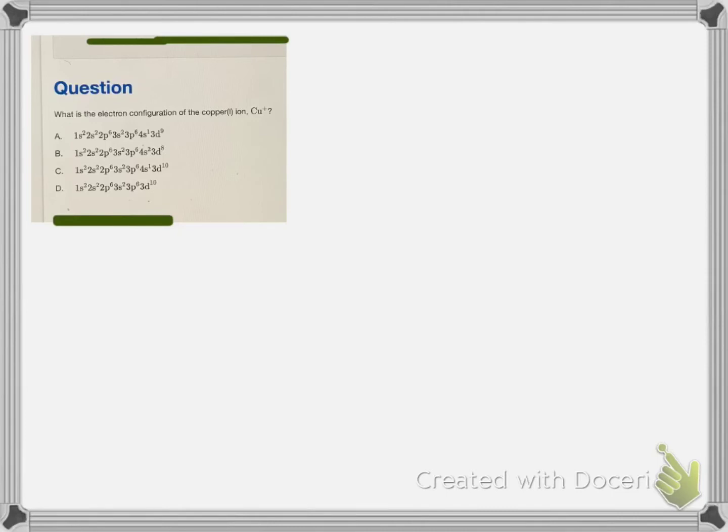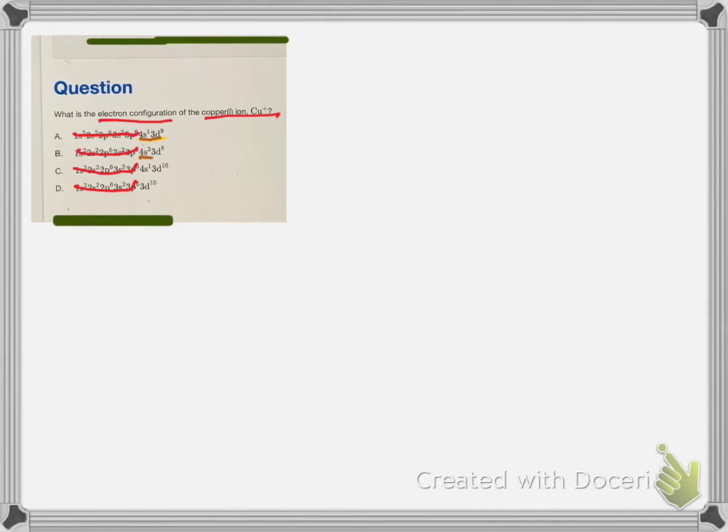But then we have to realize from all of the answers that they all have the same electron configuration up until 3p6. So you could ignore all of that up until 3p6. Now the difference is that option A has 4s1 3d9.